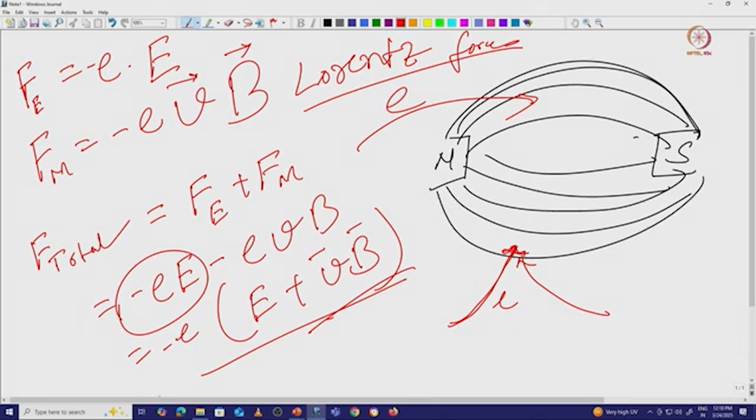So in this particular case, if we ignore the sign symbol, this will be the force: E V B into sine theta.